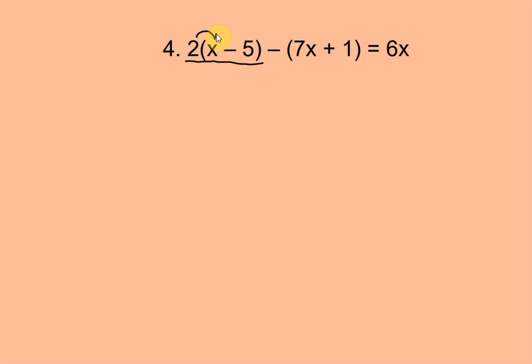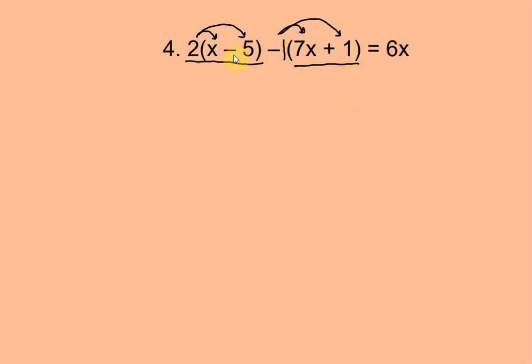So I'm going to distribute the 2 into this set of parentheses. What's touching this set of parentheses, or what's in front of this set of parentheses? It's a negative sign, but that can also be thought of as a negative 1. So that will be distributed into this set of parentheses.